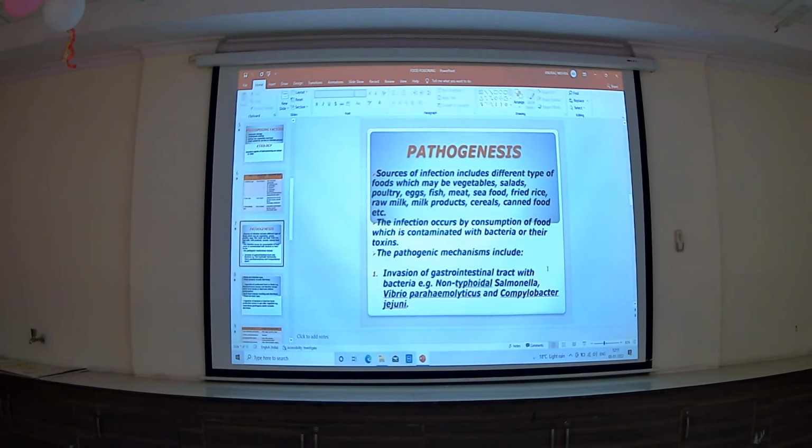In infective type, the causative agent generally includes Salmonella typhimurium, Vibrio parahemolyticus, and Campylobacter jejuni.